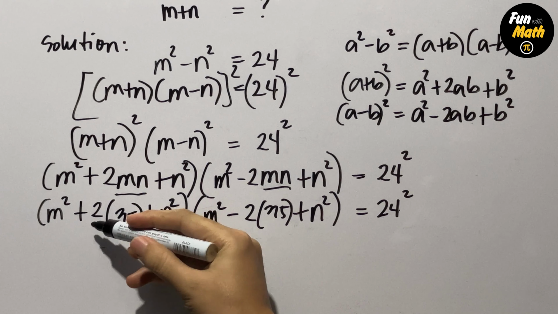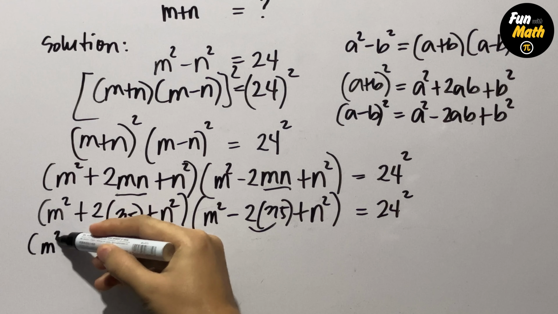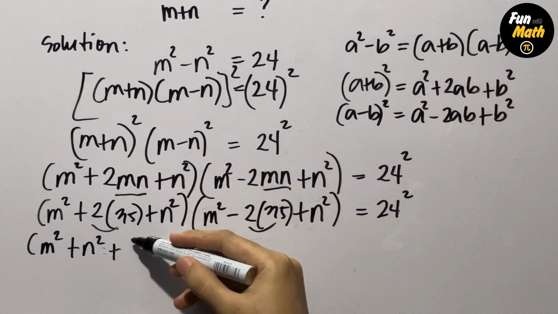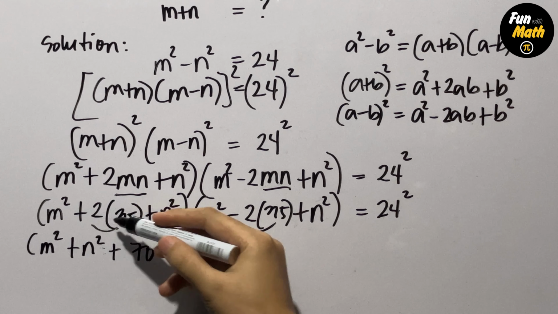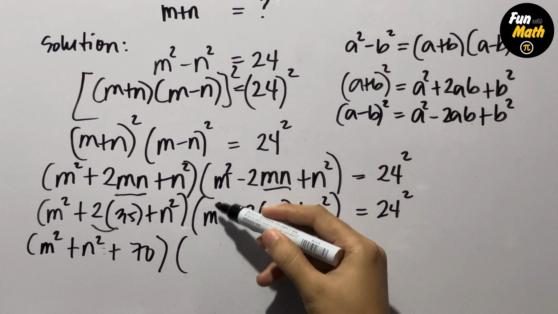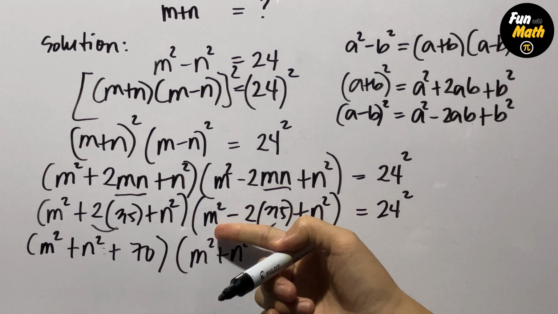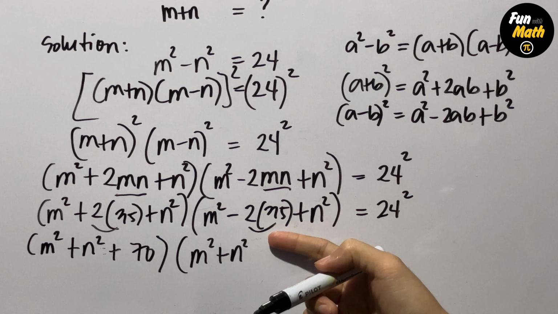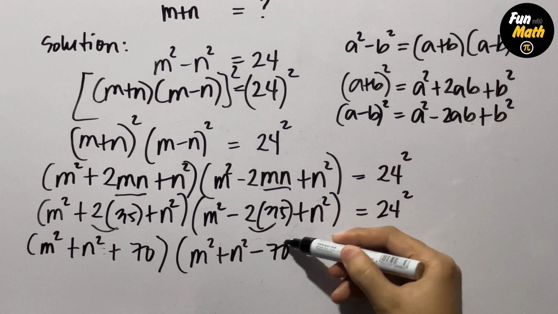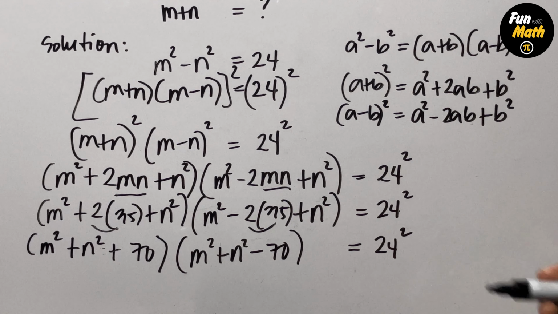So now let's multiply. So this is now m squared plus n squared plus 70, because 2 times 35 is equal to 70, times m squared plus n squared, negative 2 times 35 is negative 70. So this is minus 70 equals 24 squared.